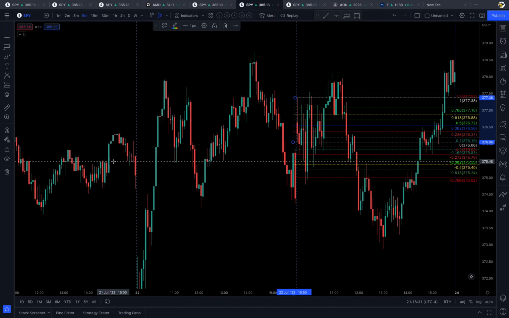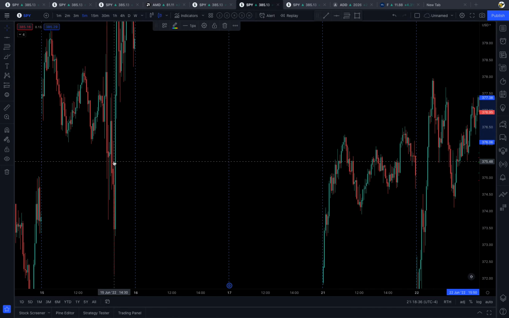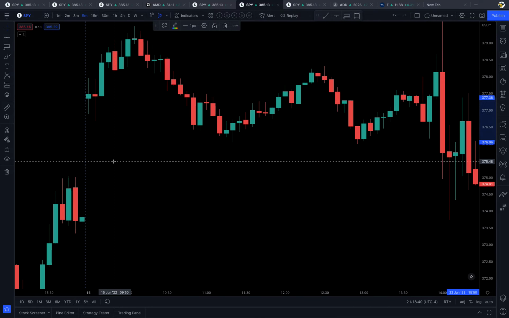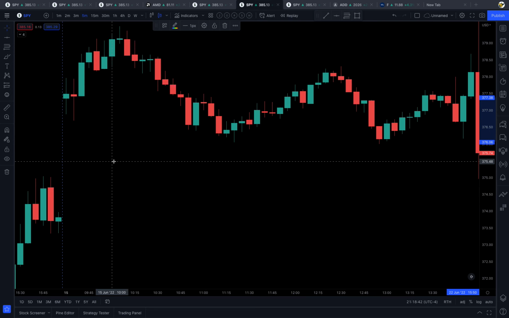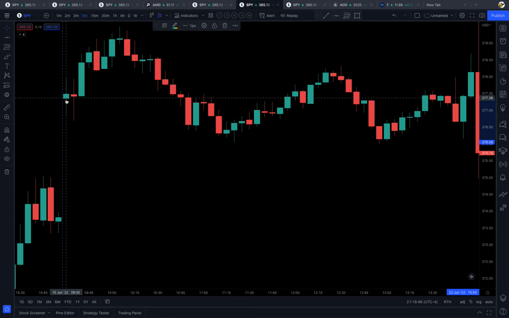And then 615 was a bad day, I think. It was a bad trade on here. So on this green candle, on the 5, obviously I wouldn't have got in because that's a doji.